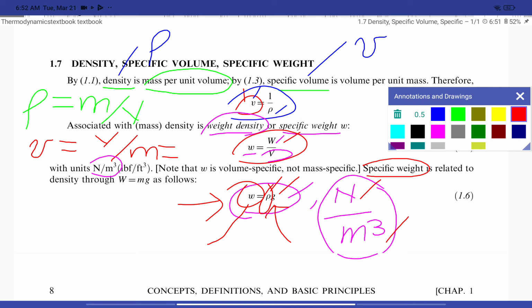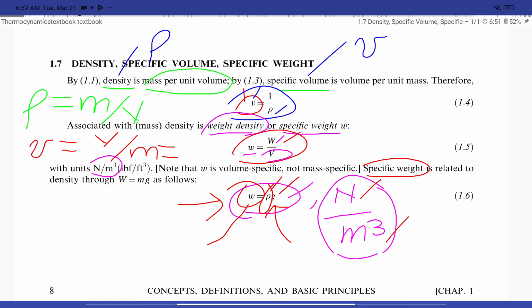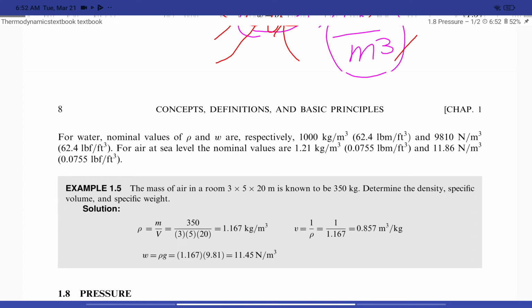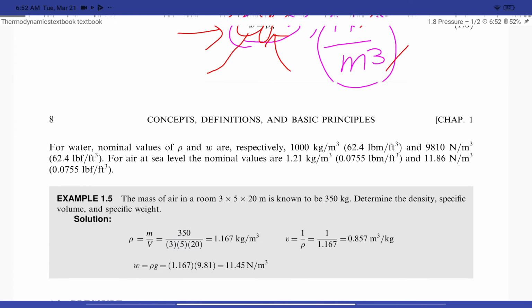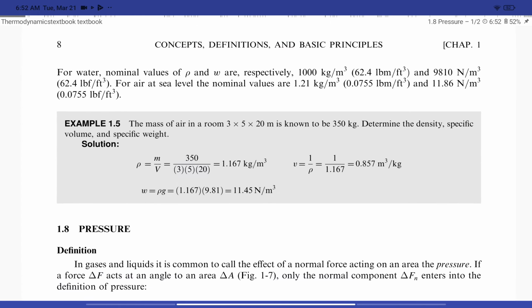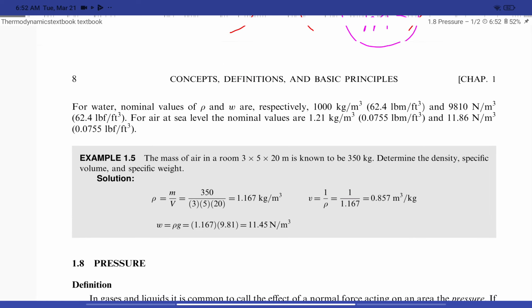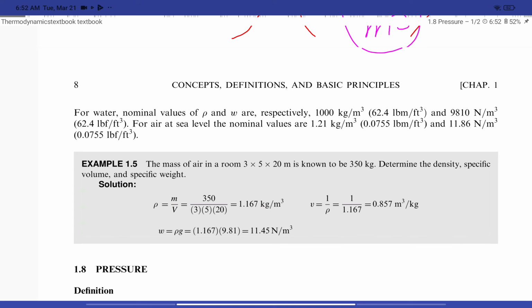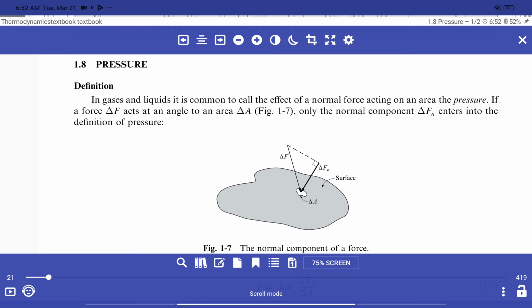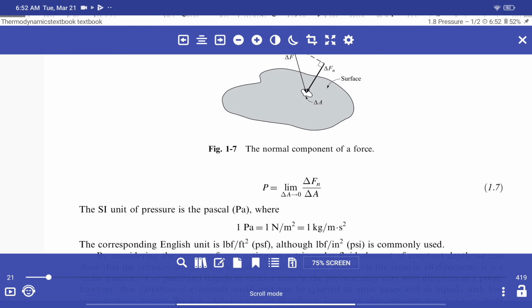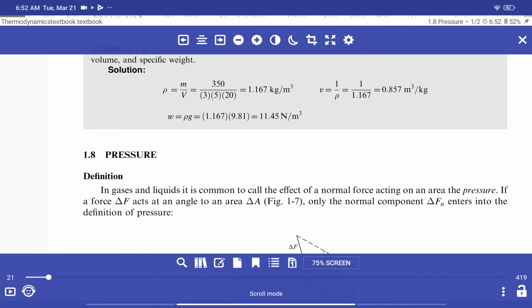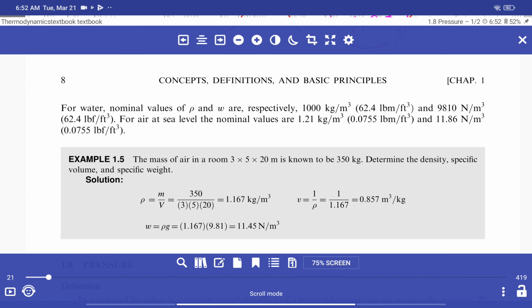Okay, let's move on then. To reinforce our topic, we have an example here.